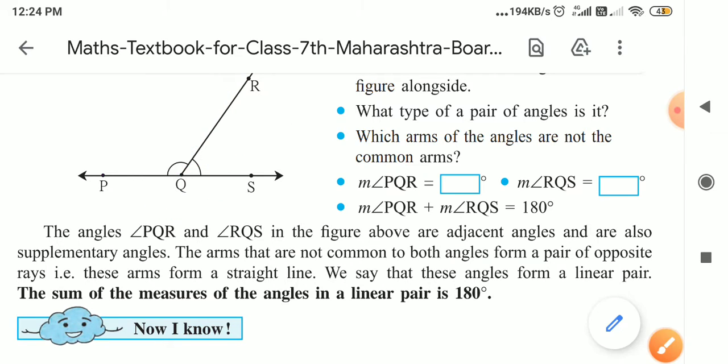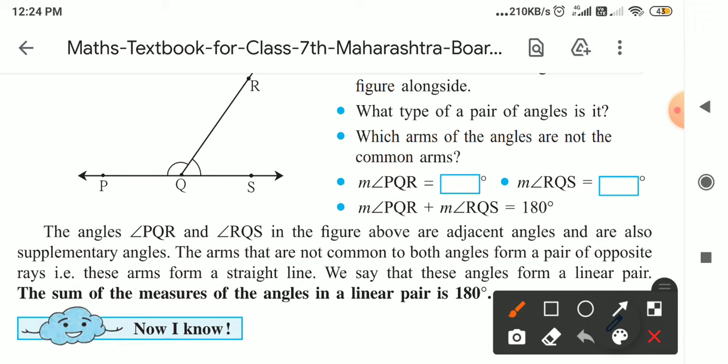So these are adjacent angles and also supplementary angles. Supplementary means the measure is equal to 180. They are adjacent and also supplementary, and the arms that are not common to both angles are a pair of opposite rays.